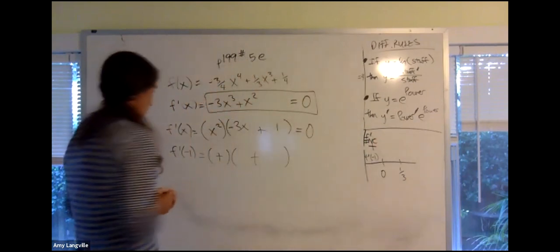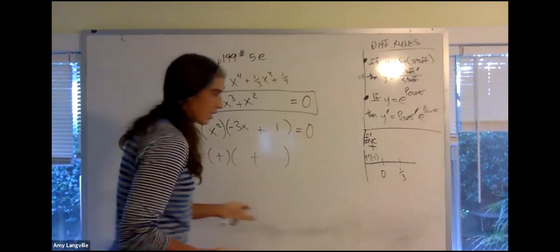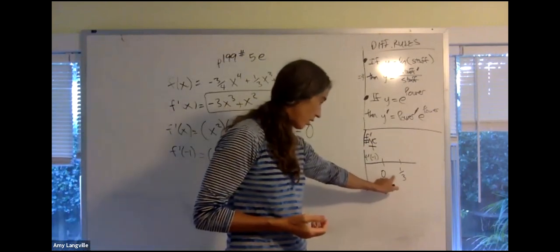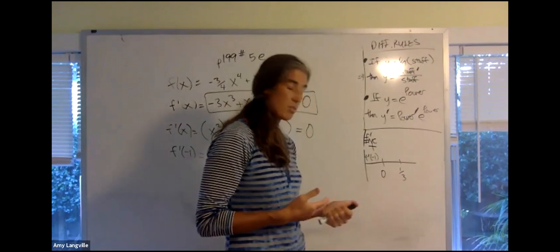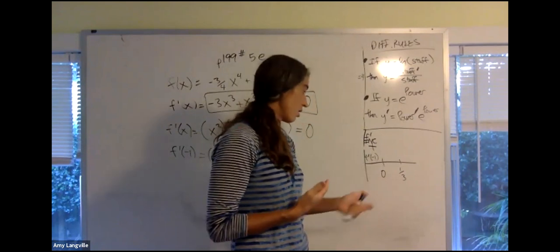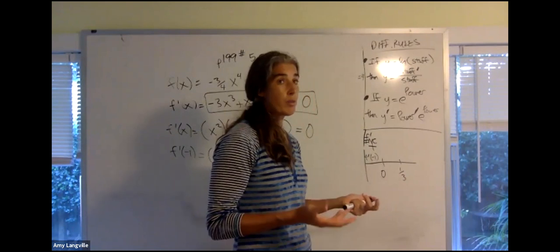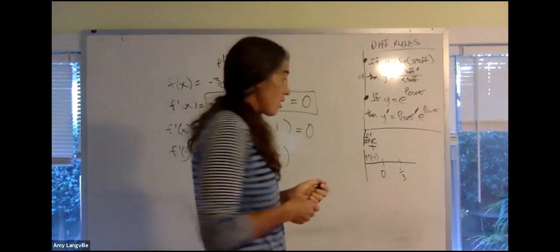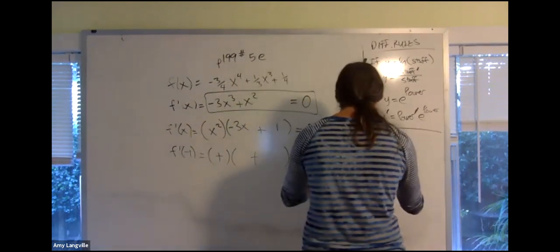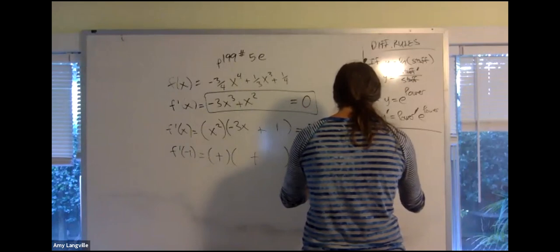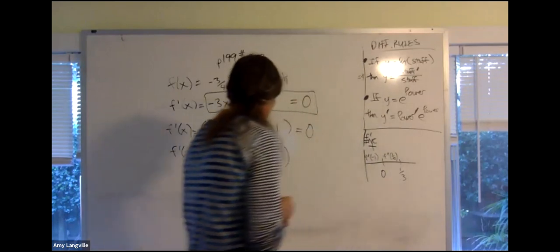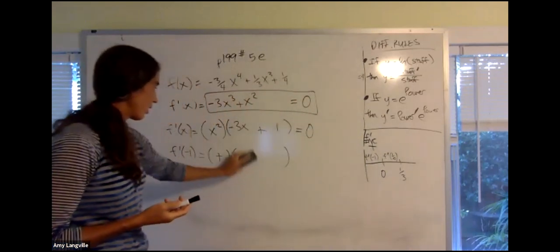All right, we're going to do the same thing, but now we're going to plug in something between 0 and 0.333. This is going to require either decimals if you don't like to see the fractions. We maybe try 0.1 or 1/10, however you like to think about it. So f prime of 1/10, let's say. Doesn't matter what you pick, you just want to pick something that's going to make the arithmetic easy here.